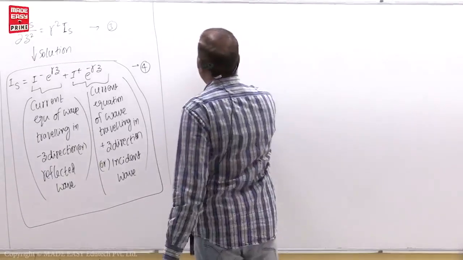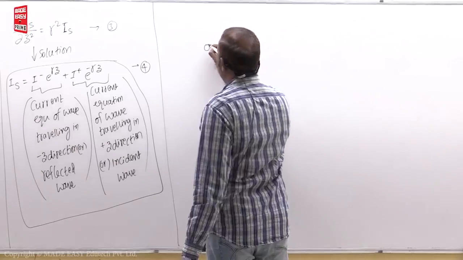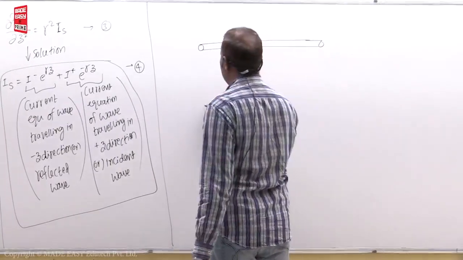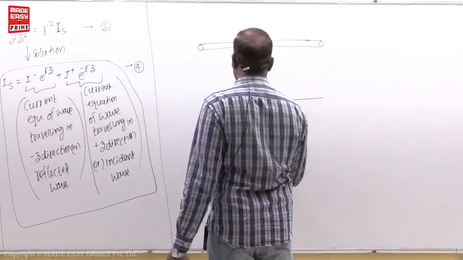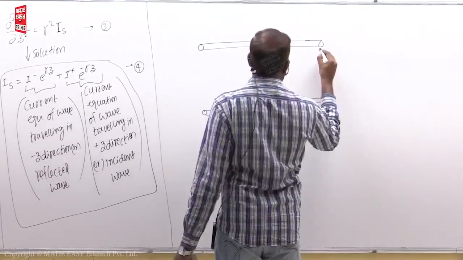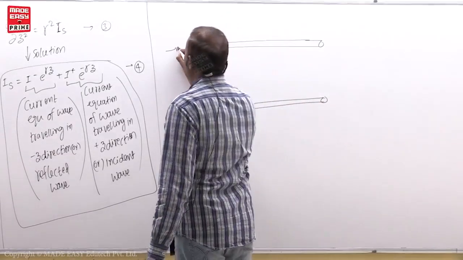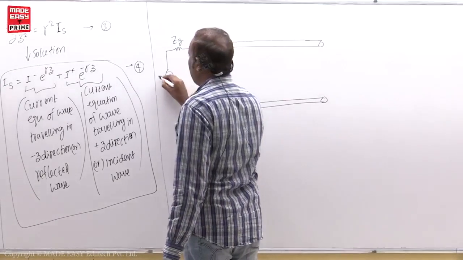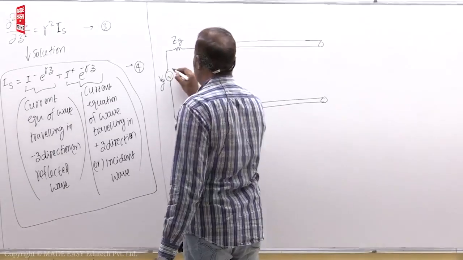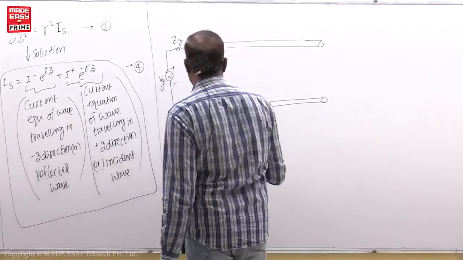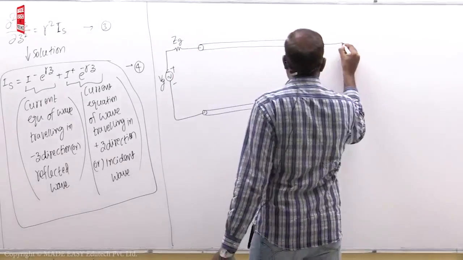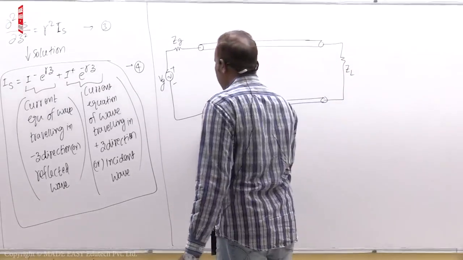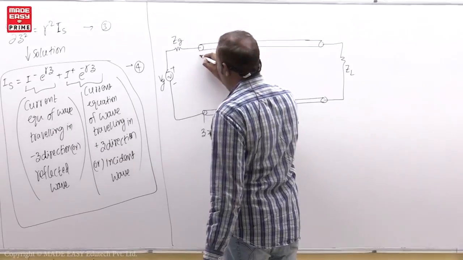You can see here, this is the transmission line like this. This is the conductor, and like this. Here this is ZG, this is VG. This is the load and this is z = 0.